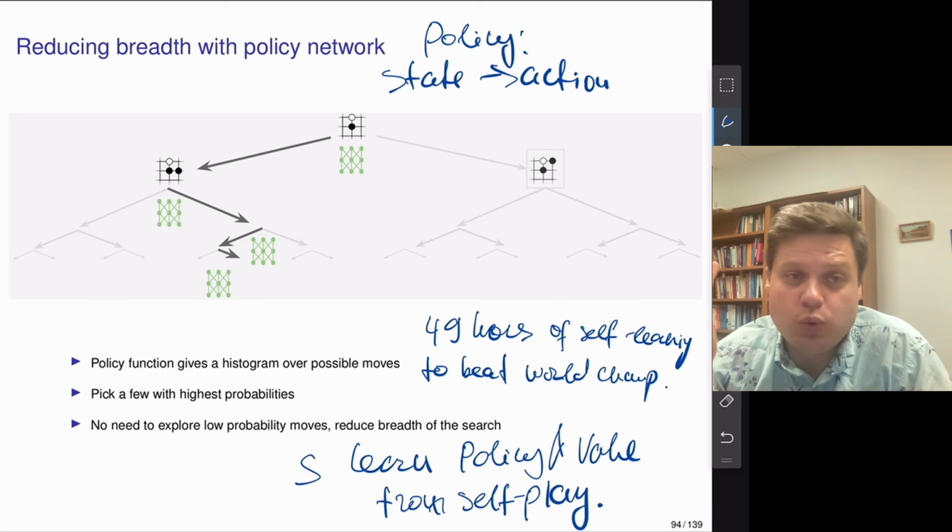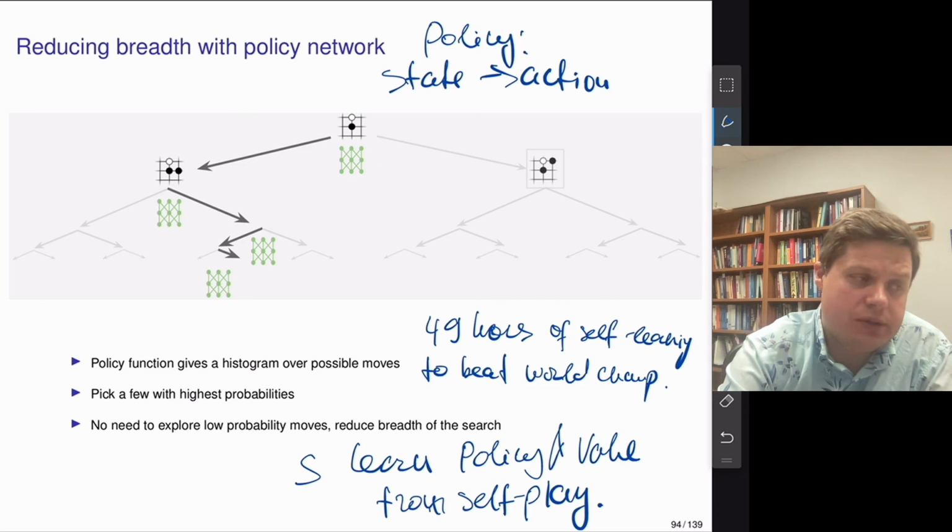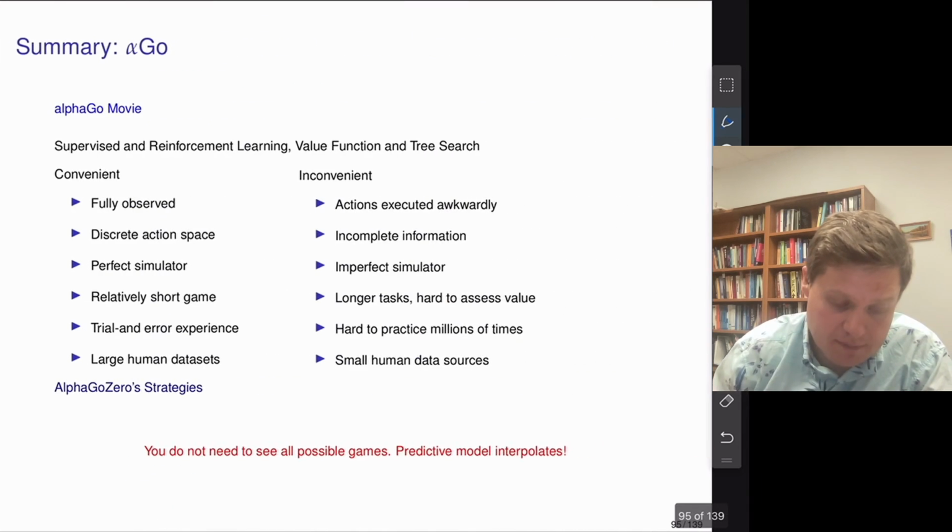And if you think about this world champion in Go, it's a person who relies on thousands and thousands of previous games and hundreds of years of history of Go, and spends an entire life trying to learn optimal ways of playing the game. And a machine in 49 hours can outperform that human.